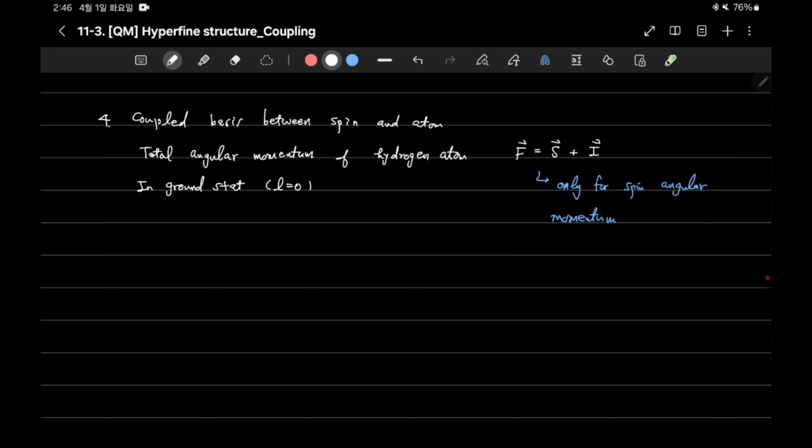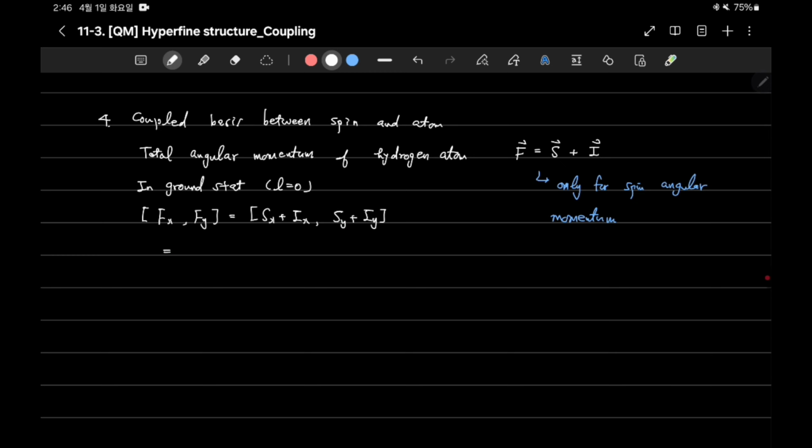L equals 0, and here we should define the commutation relations of the total angular momentum of a hydrogen atom, Fx and Fy. That is Sx plus Ix and Sy plus Iy.